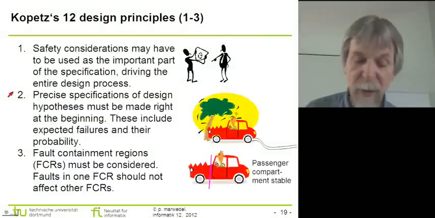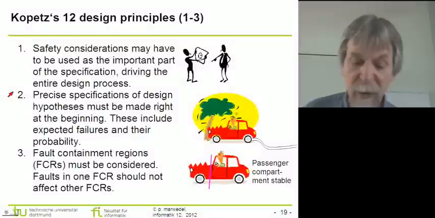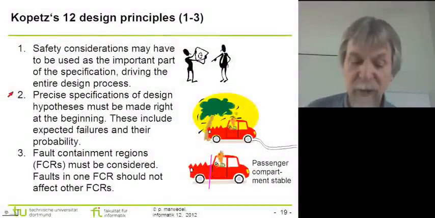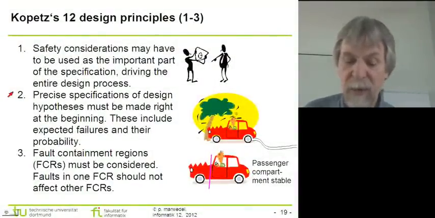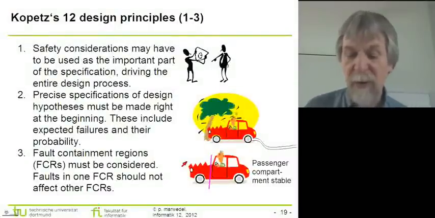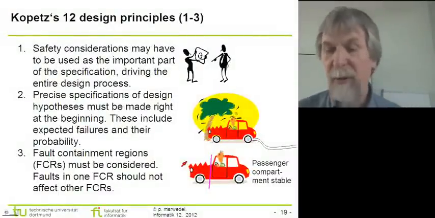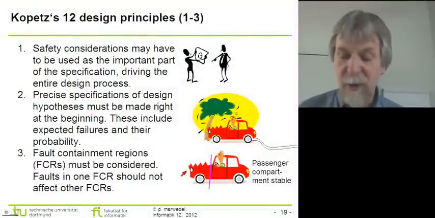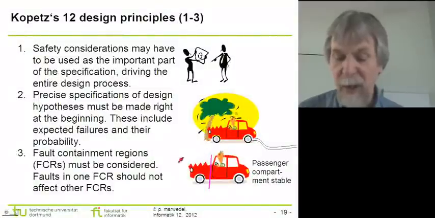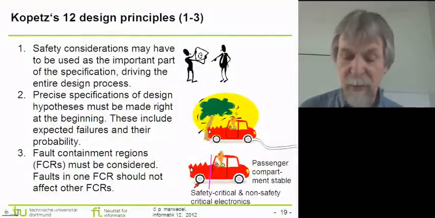Then furthermore, we require to have so-called fault containment regions, and faults in one fault containment region should not affect other fault containment regions. So for example, if we hit a tree with our car, the passenger compartment should still be stable, and this accident should affect only the front area of the car, hopefully.